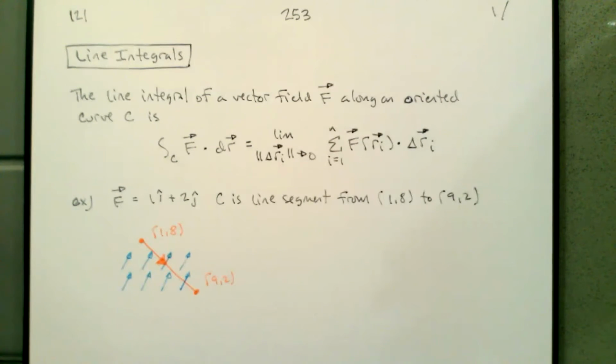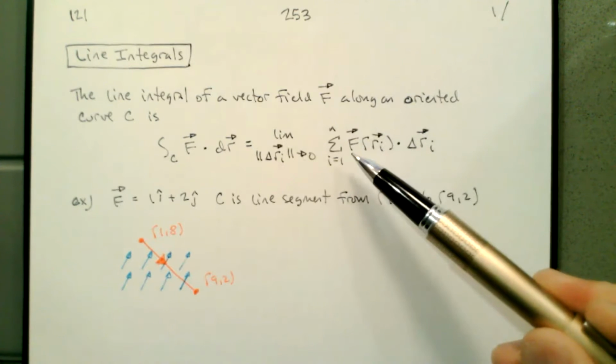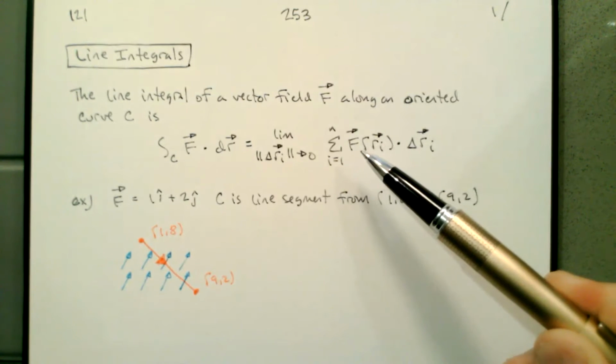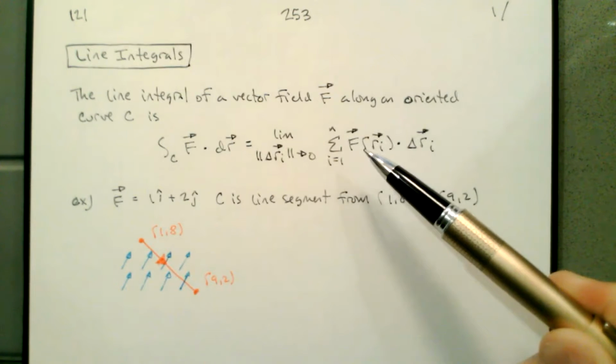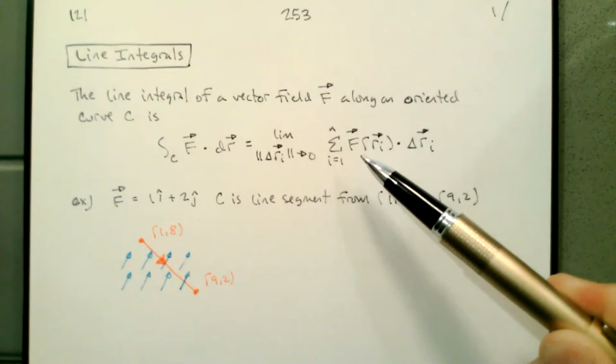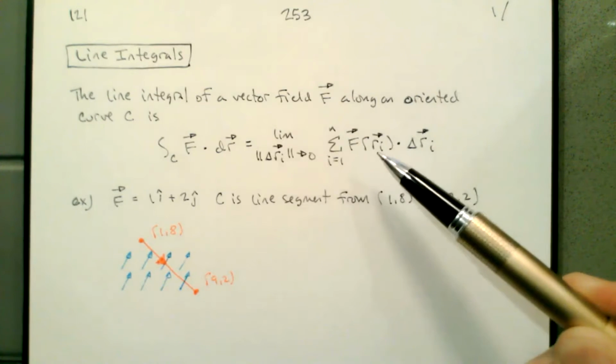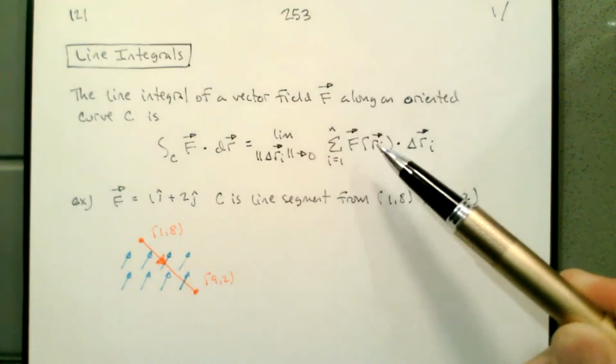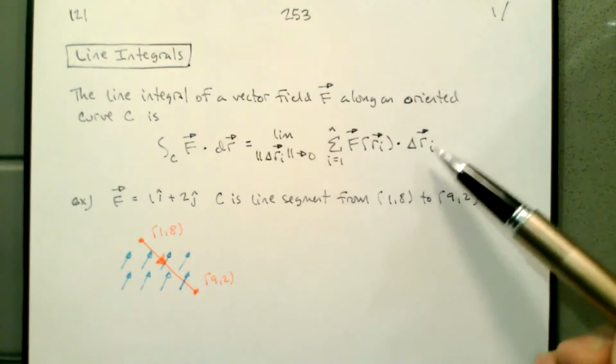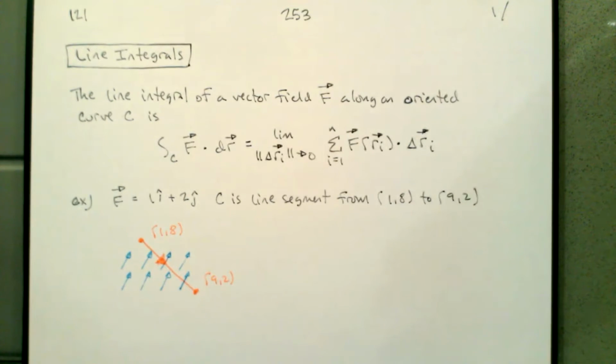Our strategy is the same strategy that we used way back with integrals. We consider the vector field to be constant at a bunch of points, and we use that value of the vector field for some small changes in the input.